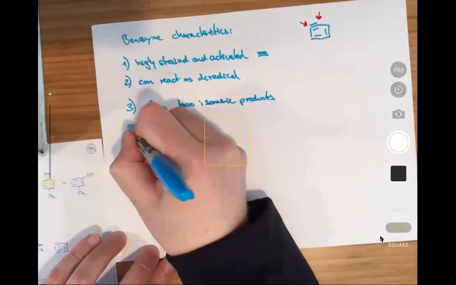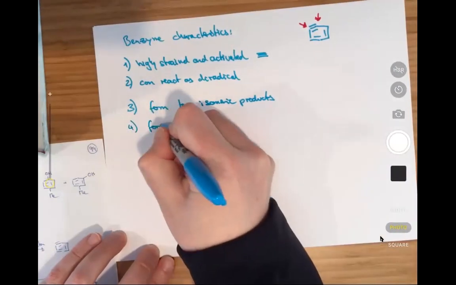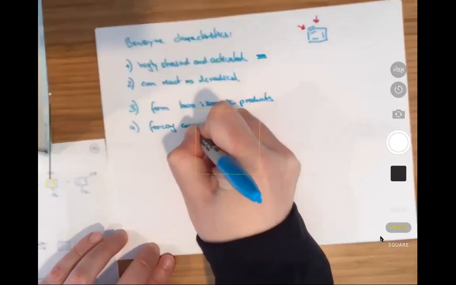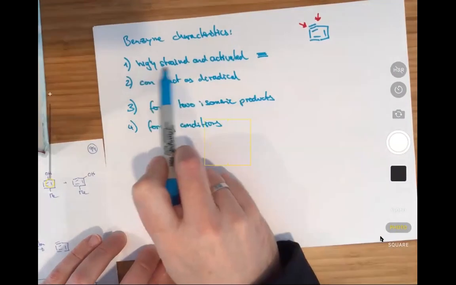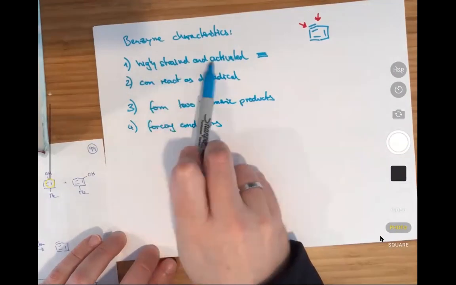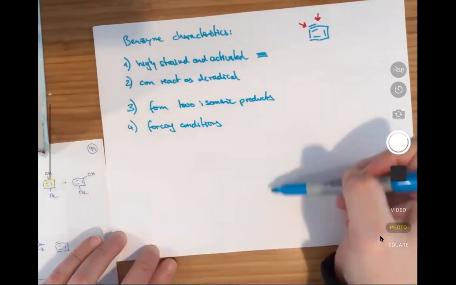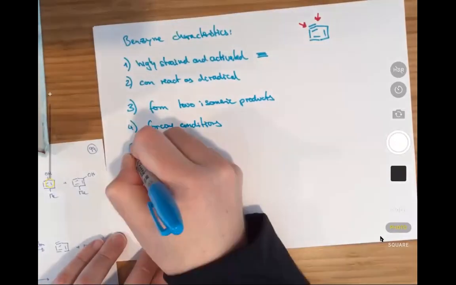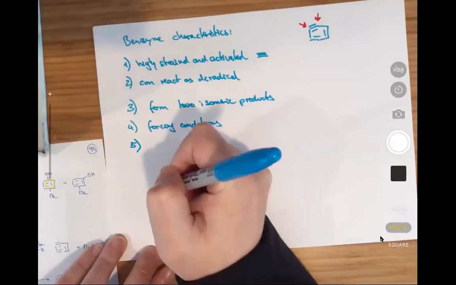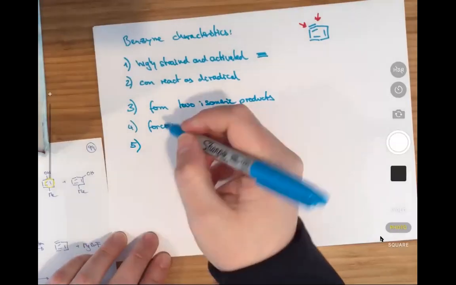Oftentimes you need forcing conditions. And that goes along with having a highly strained, highly activated species. So you have to go up in energy when you want to go to the alkyne. And if you look at the reaction conditions, you often see that they use very strong bases.